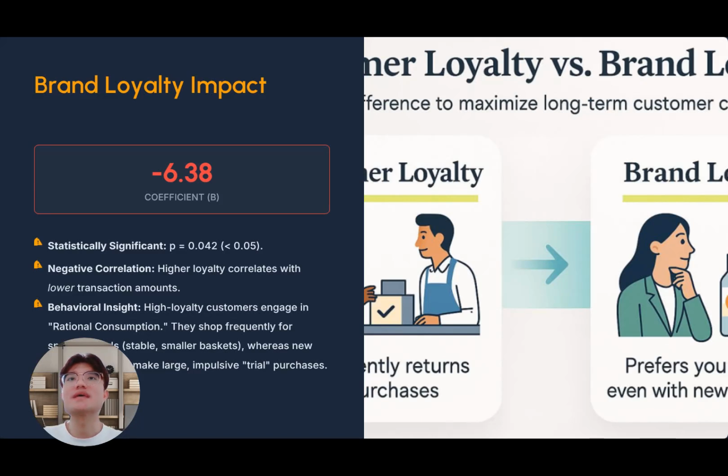We interpret this as stability over intensity. Loyal customers likely shop more frequently but with smaller, more planned baskets. They aren't binge shopping. They are buying what they need when they need it, resulting in lower individual transaction sums compared to impulsive one-time buyers.